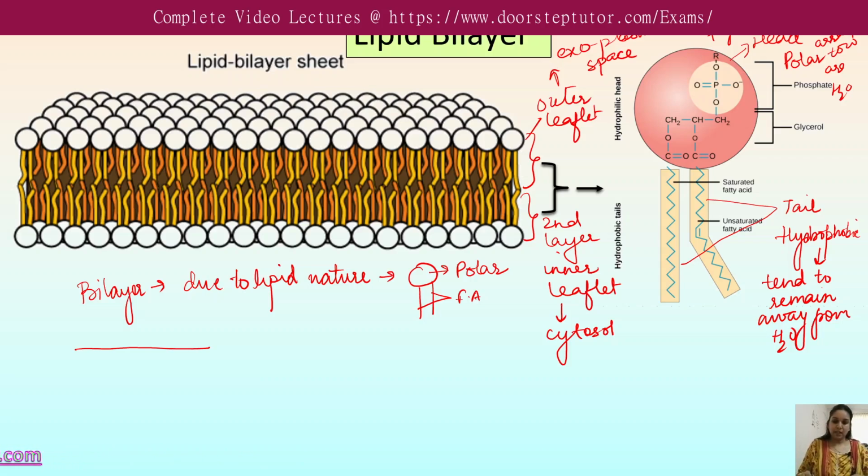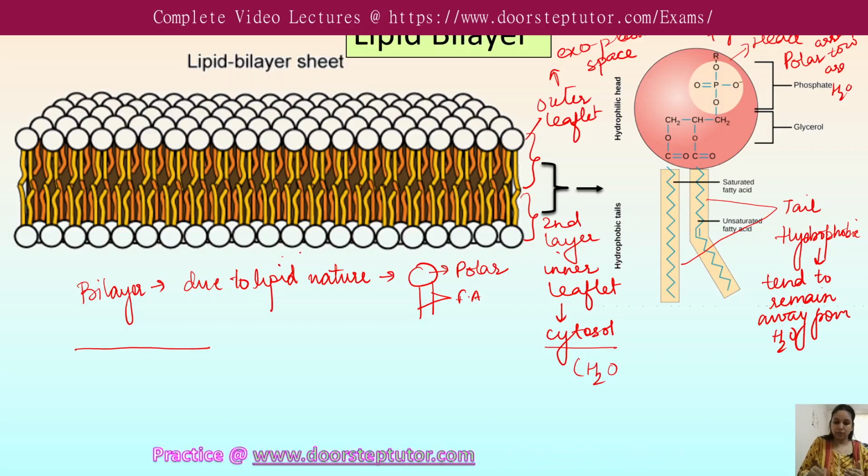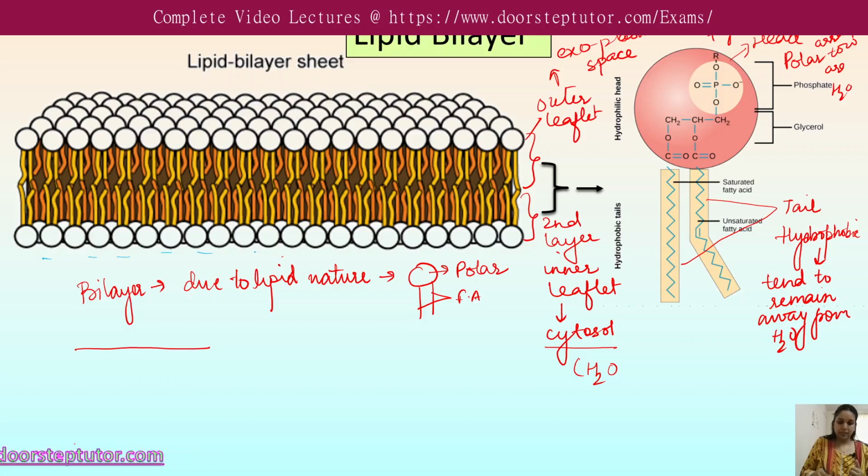Okay, so these are the two lipid layers which are arranged in such a manner that in the cytosol region there is water. Yeah, there is water. This is the cytosol region. This is the outermost region, there is also water.